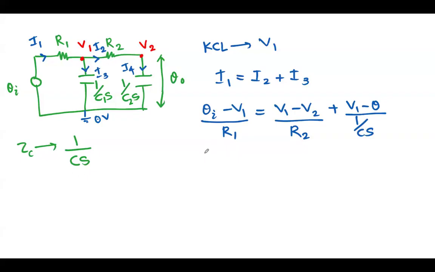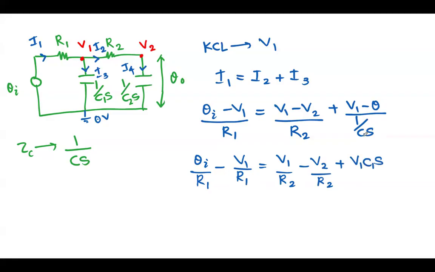Then we can write theta I over R1 minus V1 over R1 is equal to V1 over R2 minus V2 over R2 plus V1 C1s. This is C1s. Then I rewrite it again.